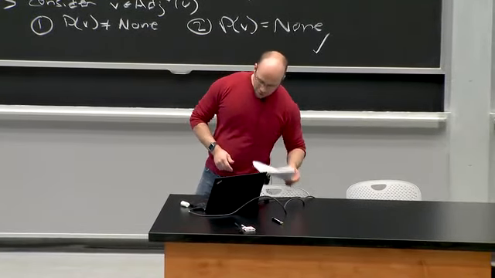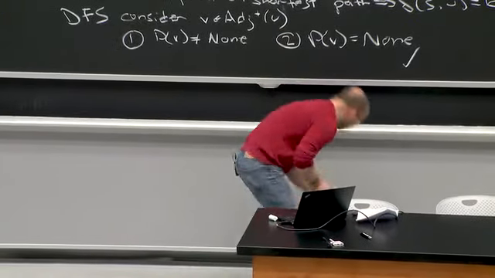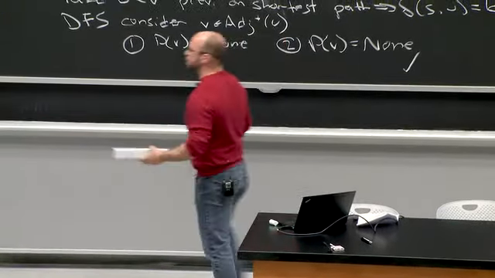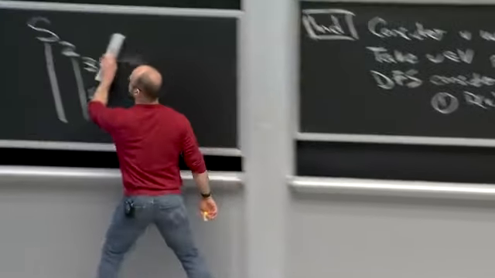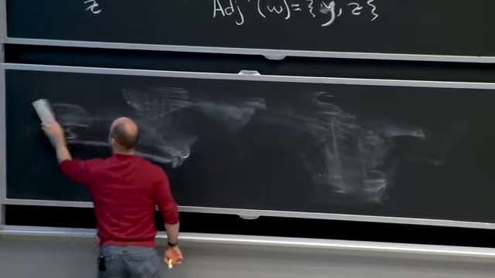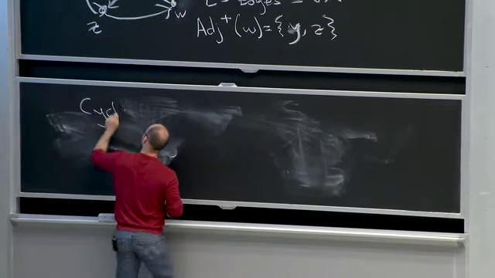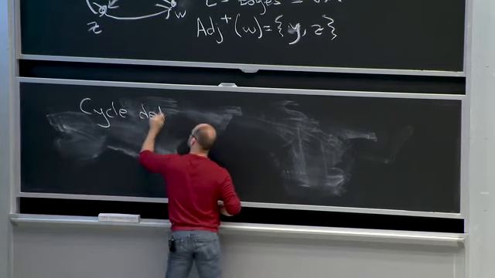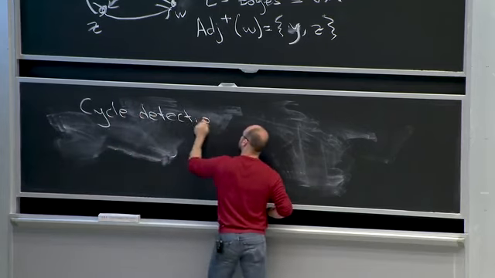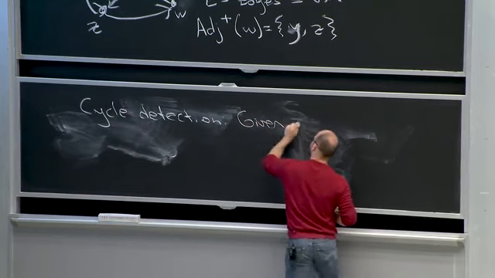So we're going to conclude with one final problem, which I don't have a slide on, but that's okay. And that's cycle detection. So there's a bit of an exercise left to the reader here. The problem that we're looking for now is that we're given a directed graph.